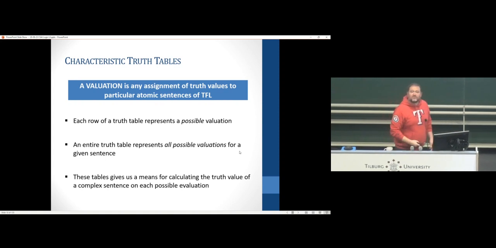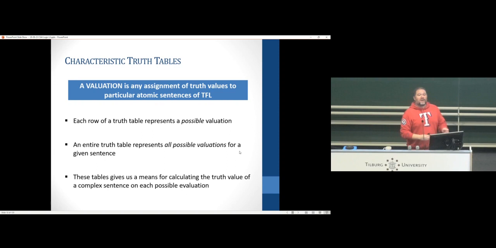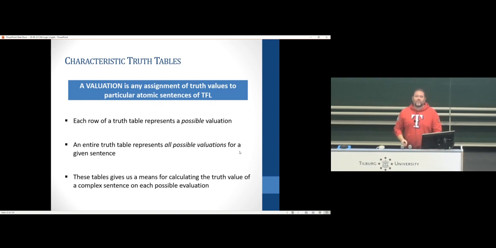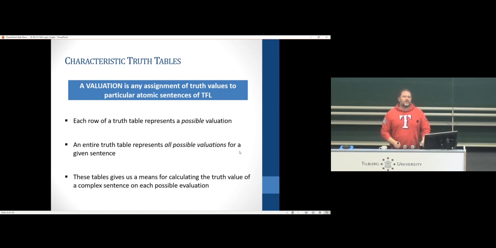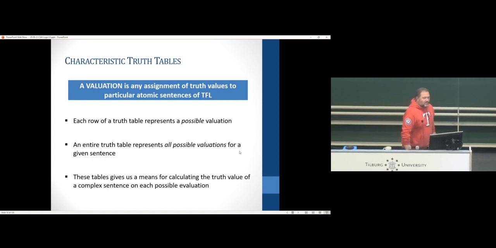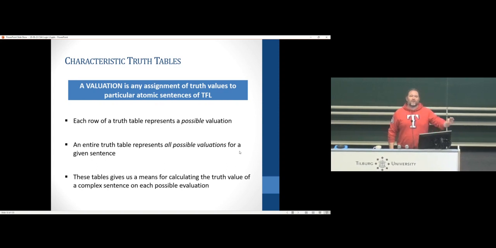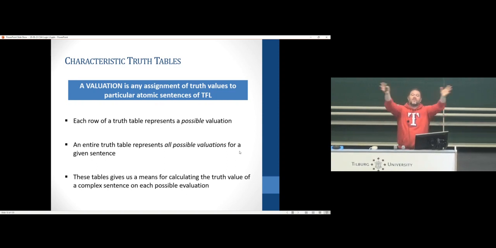This is the notion that every semantic property we're going to talk about is defined in terms of valuations. It's very important we get a grip on that. So whatever we're going to talk about next is always going to be characterized in terms of valuations, that is, assignments of truth values to relevant atoms. We're going to say, these atoms are true, these atoms are false, and that's going to tell us everything else.